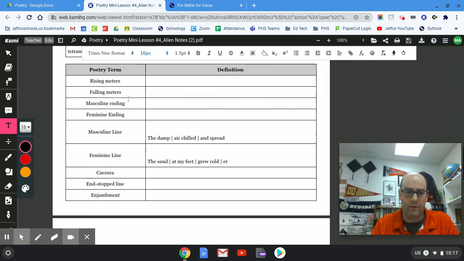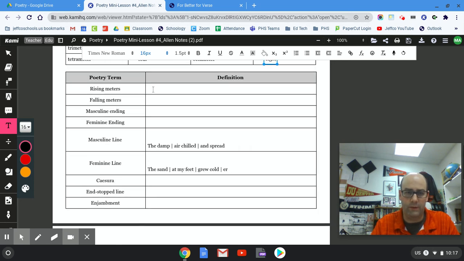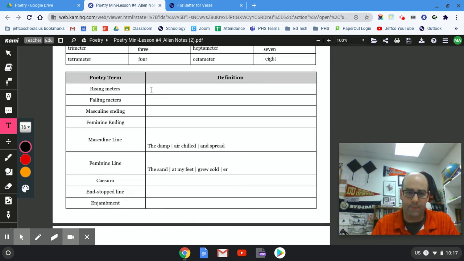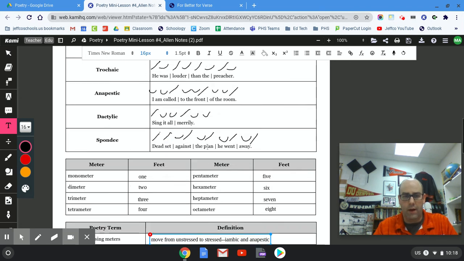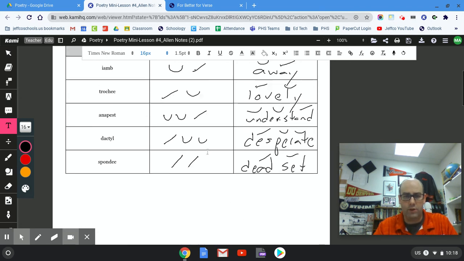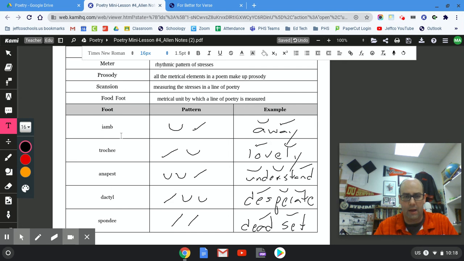Okay. So then just a couple more terms and we'll be done with these. So a rising meter means that we move from unstressed to stressed. And our examples of that are iambic and anapestic. So it's always the lines that are moving from unstressed to stressed. So that's iambic and anapestic, right?